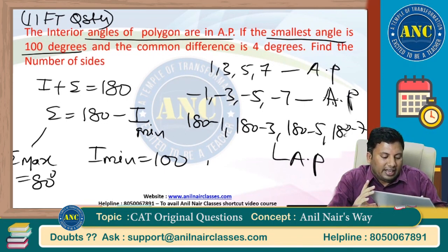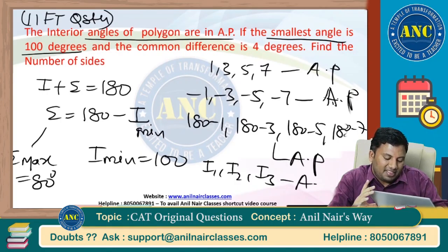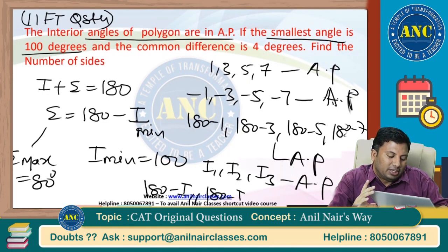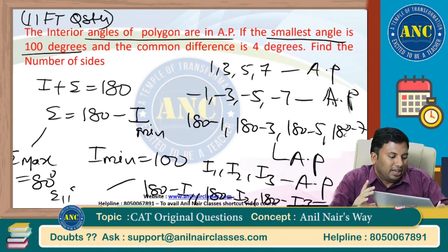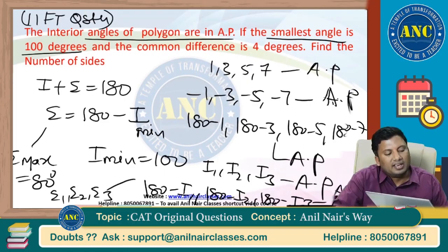So if I take I1, I2, I3 in AP, then 180 minus I1, 180 minus I2, 180 minus I3 are also in AP. They are nothing but E1, E2, E3.